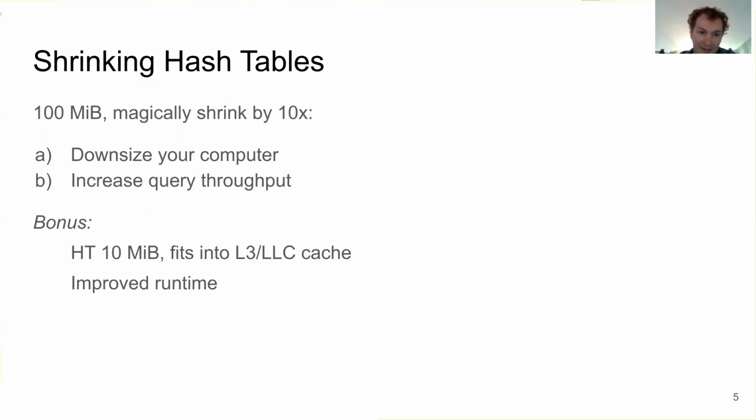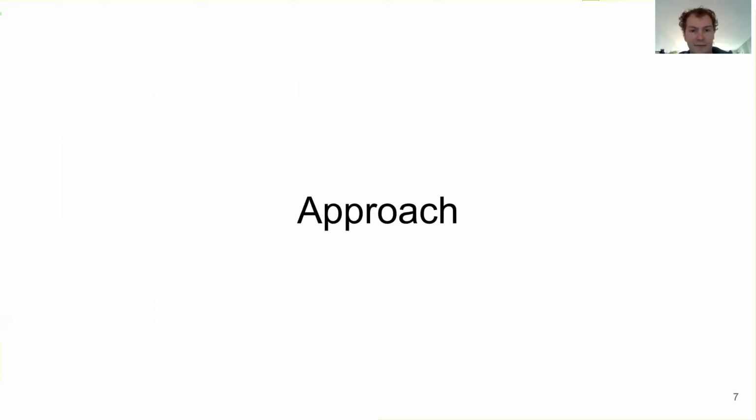As a free bonus, this hash table would now also fit into the last level cache, and hence you get an improved runtime. So basically you get higher throughput and a free lunch, which is better latency for hash table operations, which is pretty nice. And we try to explore that space.